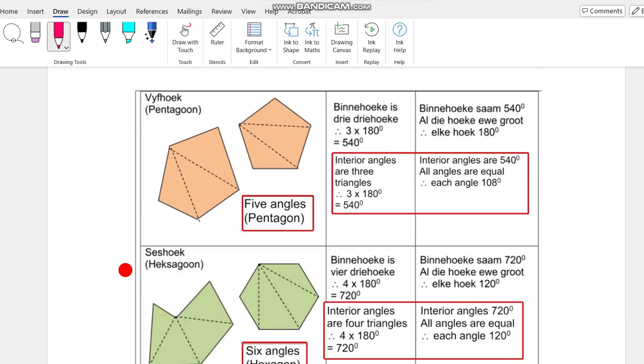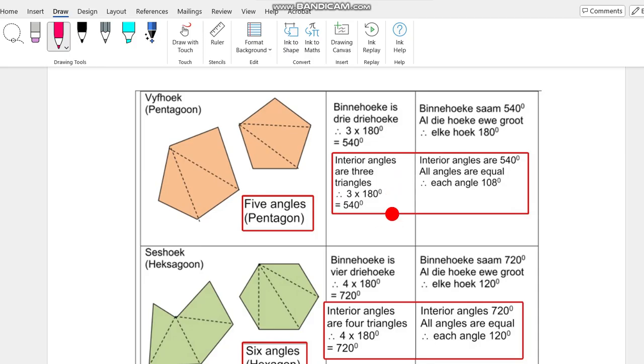Okay, we move on to the 5 angles, or what we would rather name it, the pentagon. If you do triangles, you'll see that in a pentagon you will be able to put 3 triangles, not more than that. So that means in a pentagon it is 540 degrees co-interior, 3 times 180.